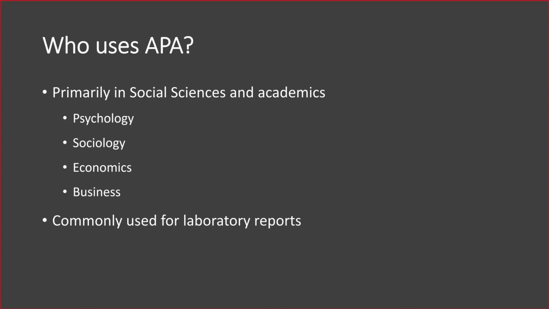It's perhaps the most common citation method used in higher education. MLA and APA are somewhat used interchangeably in higher education, but APA is usually going to be what you use whenever you're getting your associate's or bachelor's degree. And from then on, you kind of specialize into other citation methods.